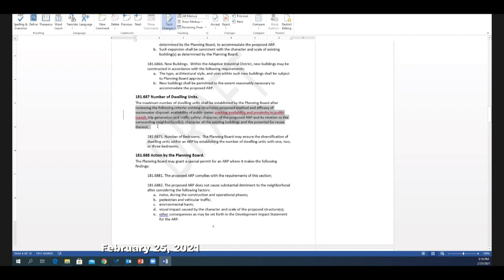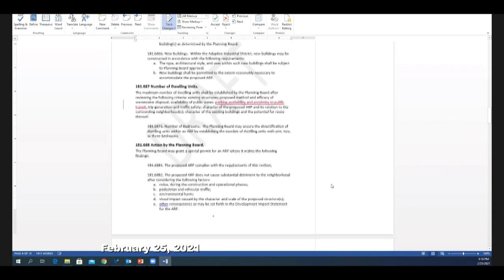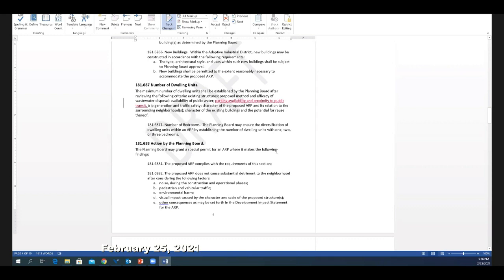The criteria is all here in 6887. But then it is a broader statement, and the diversification piece itself is not defined in any way. It feels kind of arbitrary.